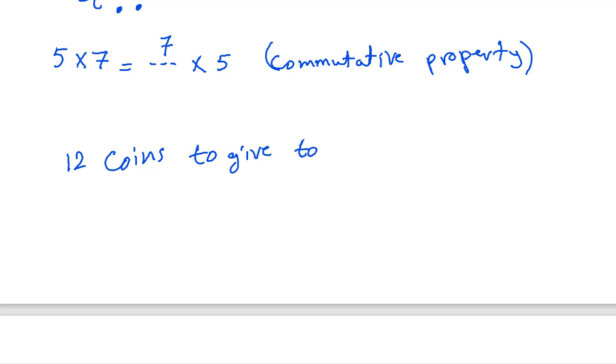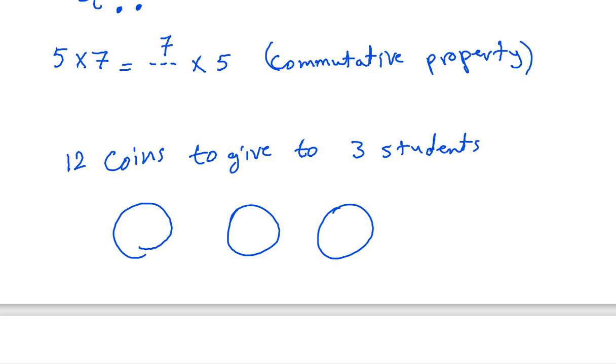To give to, I will give the 12 coins to 3 students. So in this case, we can use sharing, we can use circles like this. The first one has a bag, the second also has a bag, and the third has a bag, and start distributing the 12 equally in these 3.